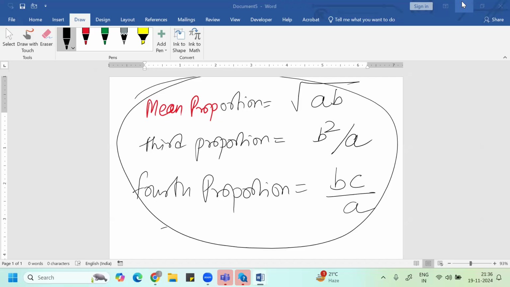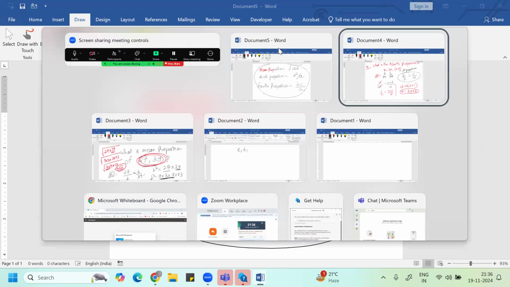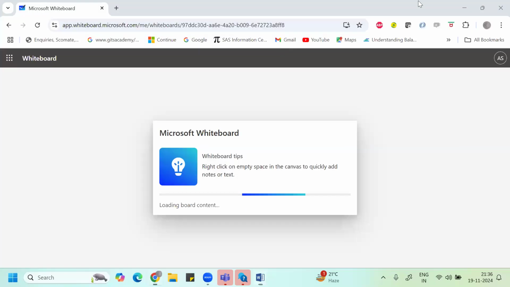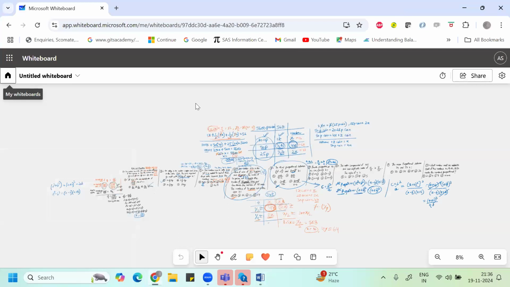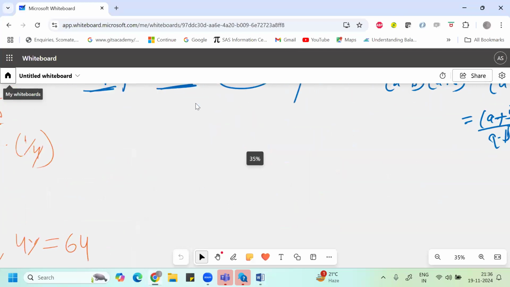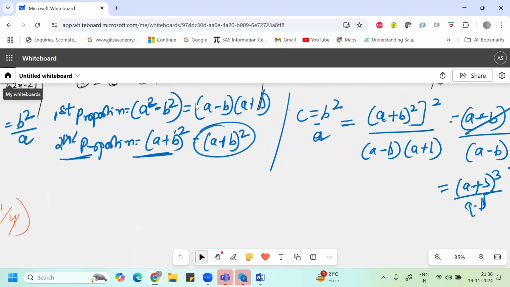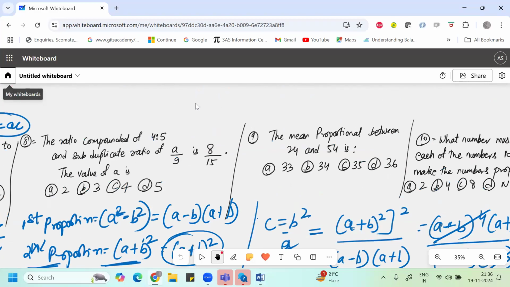There is no if and but. From this chapter, ratio and proportion, 2 to 3 questions come. One question will definitely come from this part. Clear, everyone? So this part you have understood.